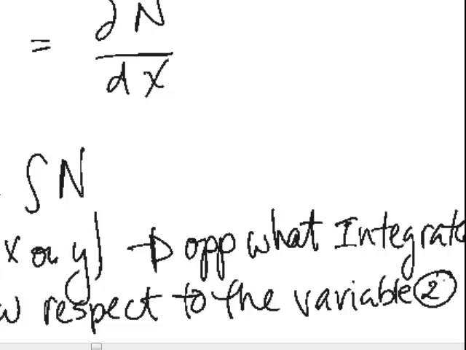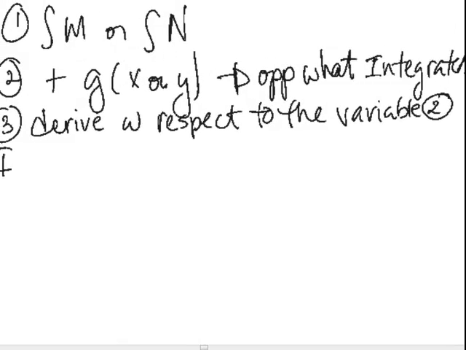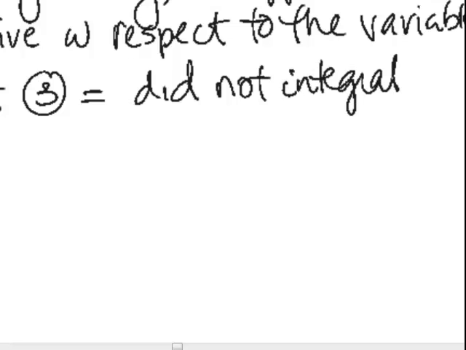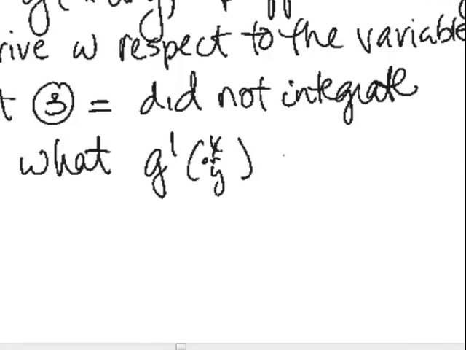Then after that, you set your derivative answer to step 3 equal to the one that you did not integrate from the original equation. Okay, so what this will allow you to do is determine what your g prime of either x or y, depending on what you have there, will be.